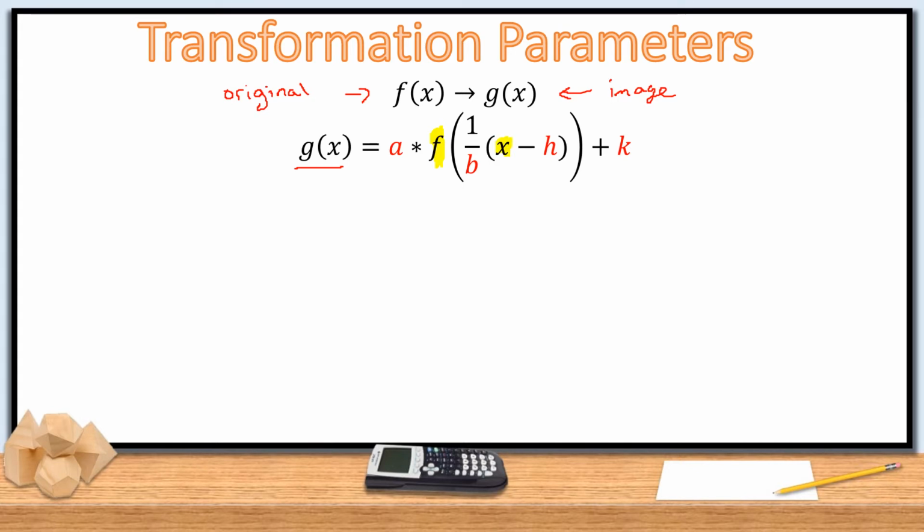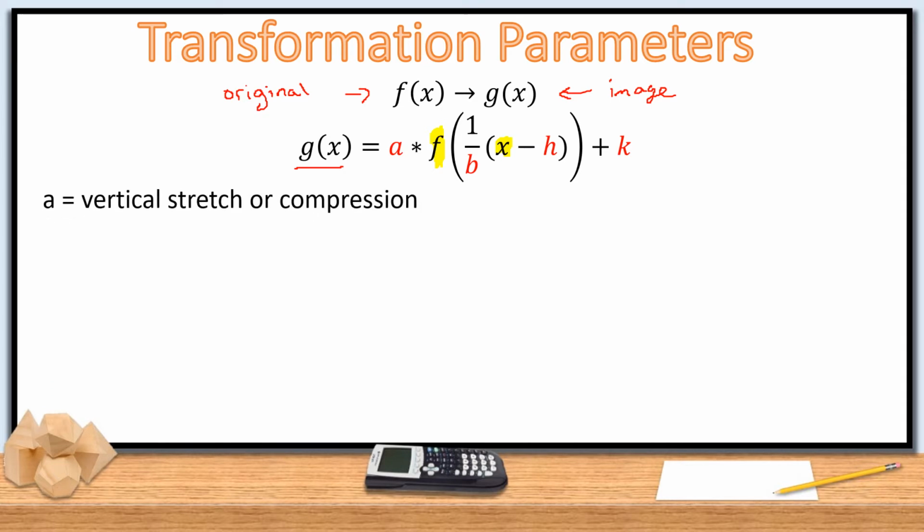So a, b, h, and k are all going to be parameters or variables that we can change that will result in a transformation happening to a function. So be aware of that. A, b, h, and k are all things that we can change, and that will change the shape, the direction, the size of a function. Now what do they do?